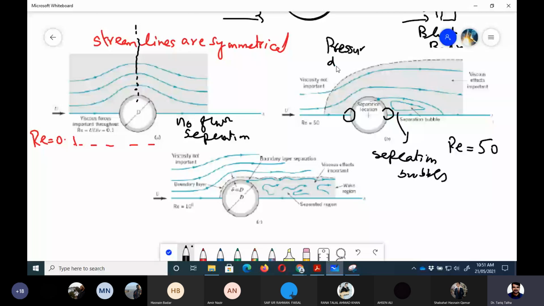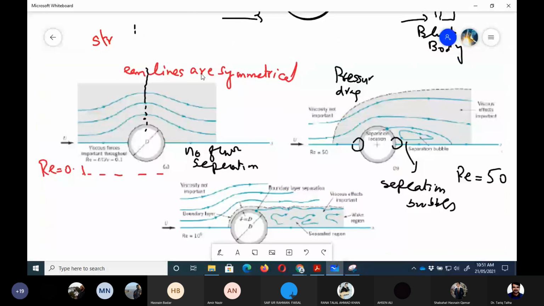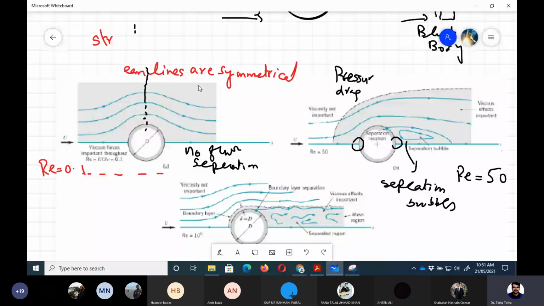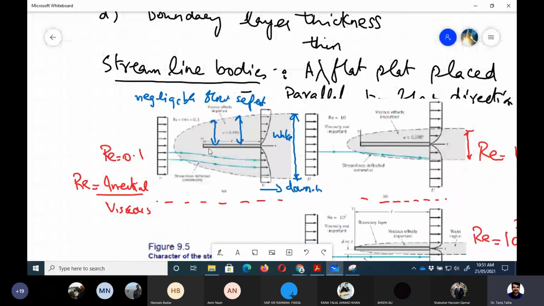Okay, if I go towards flow over a flat plate, in all the cases the major component of drag would be friction drag.